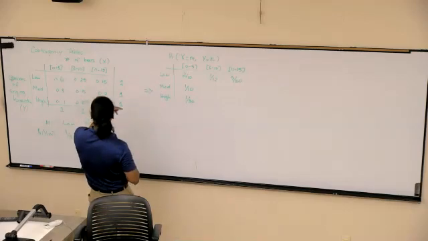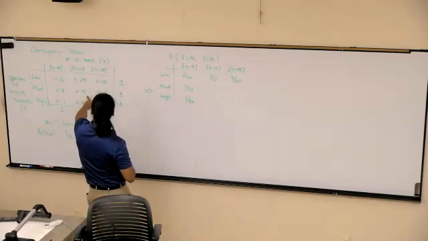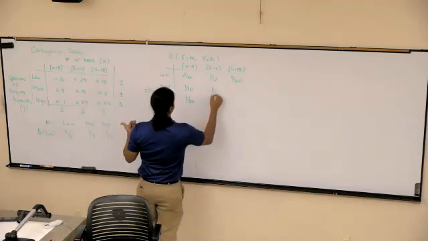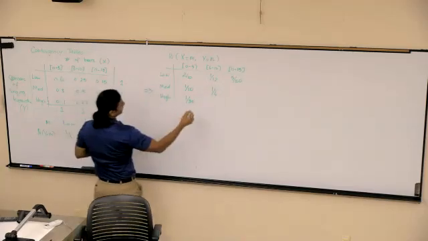I'm just dividing each of them by 3. So 5 over 30, which is 1 over 6. That would be 1 over 12.